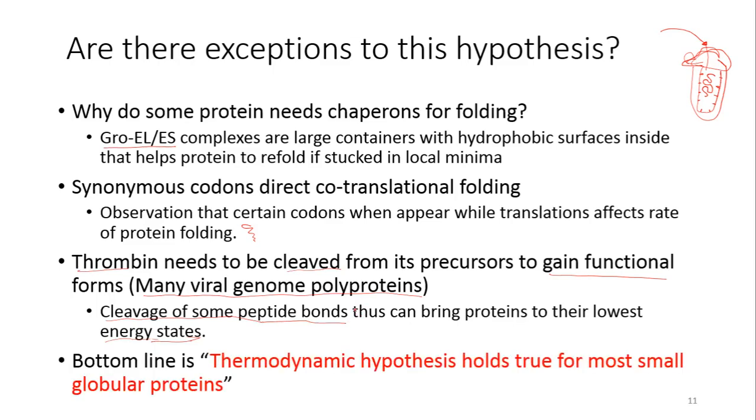So the bottom line, or the take home message that I want to convey to you, is that the thermodynamic hypothesis proposed by Anfinsen holds true for almost most of the globular proteins that exist in the cell. Okay, it is not that each and every protein would follow it, right? Another take home message would be that these proteins need to get into their lowest energy form so that they can function properly. That is what I want to discuss.